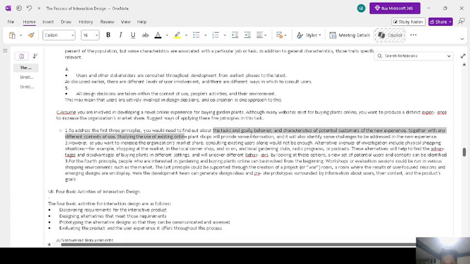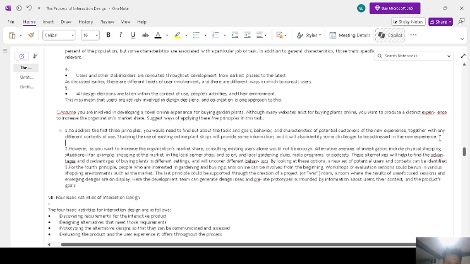The use of existing plant shops will provide some information and it will also identify some challenges to be addressed in the experience. As you want to increase the organization's market share, consulting existing users alone would not be enough.